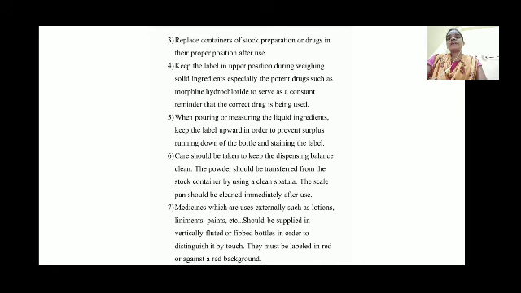Replace containers of stock preparations or drugs in the proper position after use. Keep the container label upward during weighing of solid ingredients, especially potent drugs such as morphine and hydrochloride, as a constant reminder that the correct drug is being used.